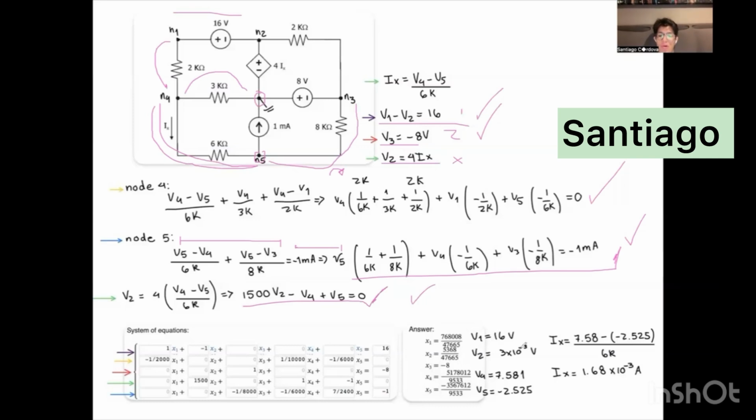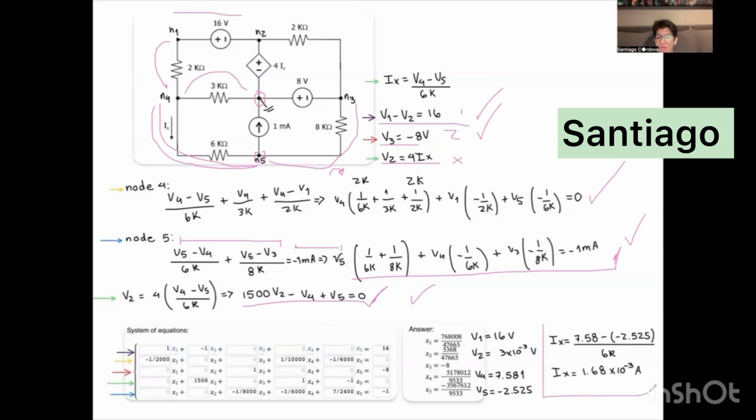V2 is almost 0 volts, with 3 times 10 to the minus 3. Then V4 is equal to 7.58 volts. And then we have V5 equal to minus 2.52 volts. And here we have our free equation, which is V3 is equal to minus 8 volts.